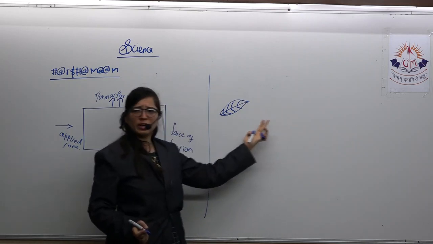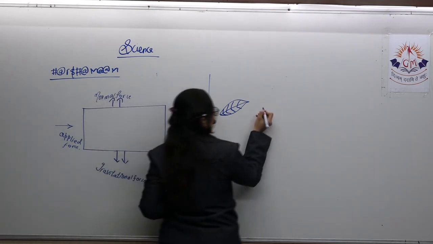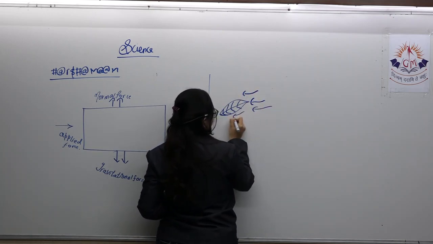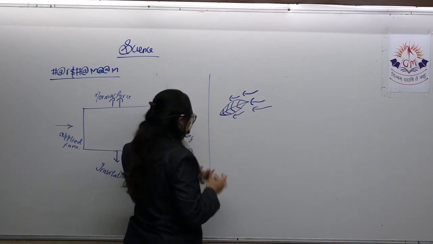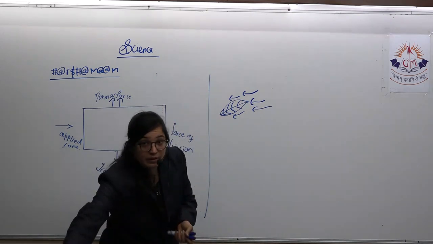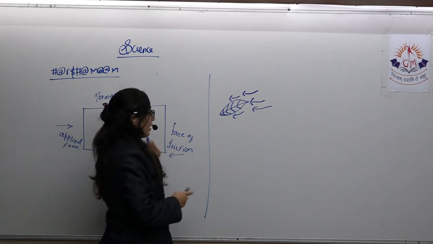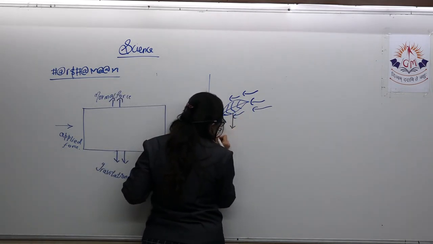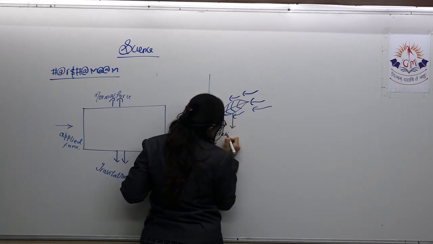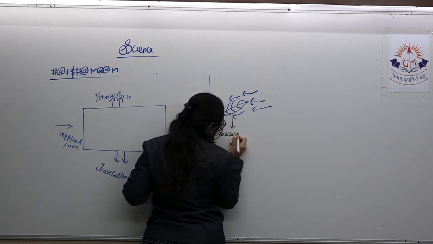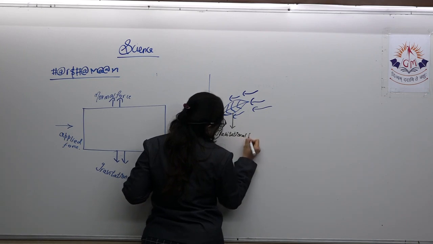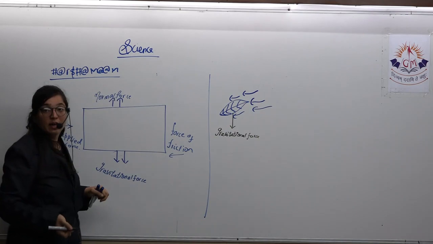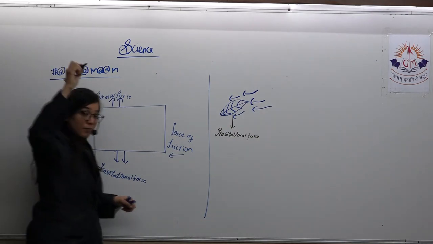Assuming wind is blowing in this direction, you already know now that on this leaf, in the downward direction, which force will act? Gravitational force. And how will the normal force act? In the upward direction.